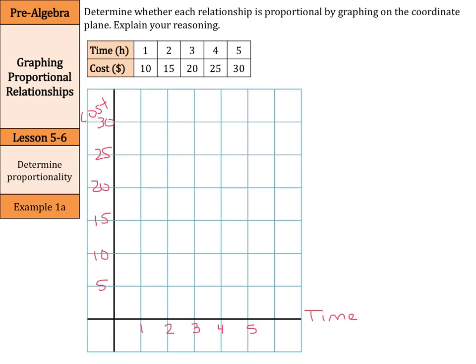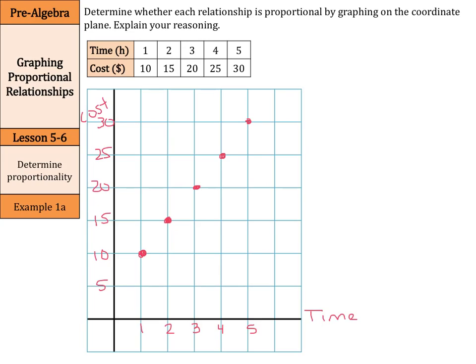And so graph it. When our time is 1 hour, our cost is 10. When our time is 2 hours, our cost is 15, so right there. 3, 20, 4, 25, and 5, 30.